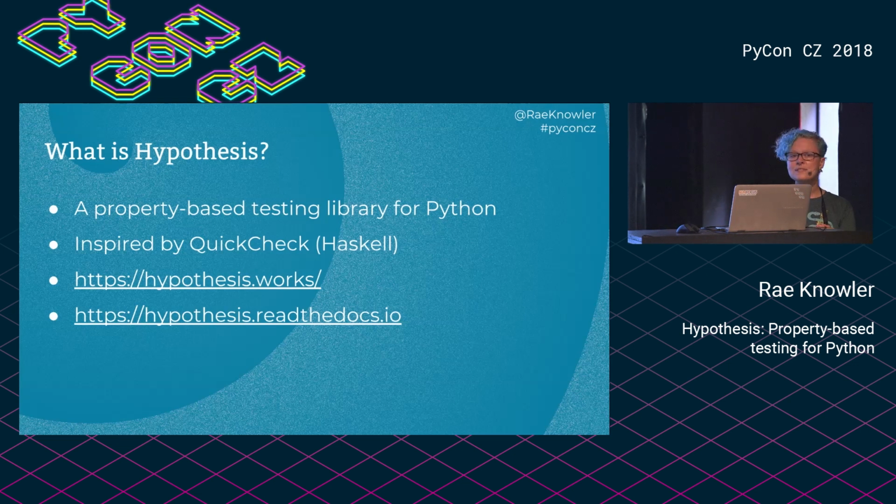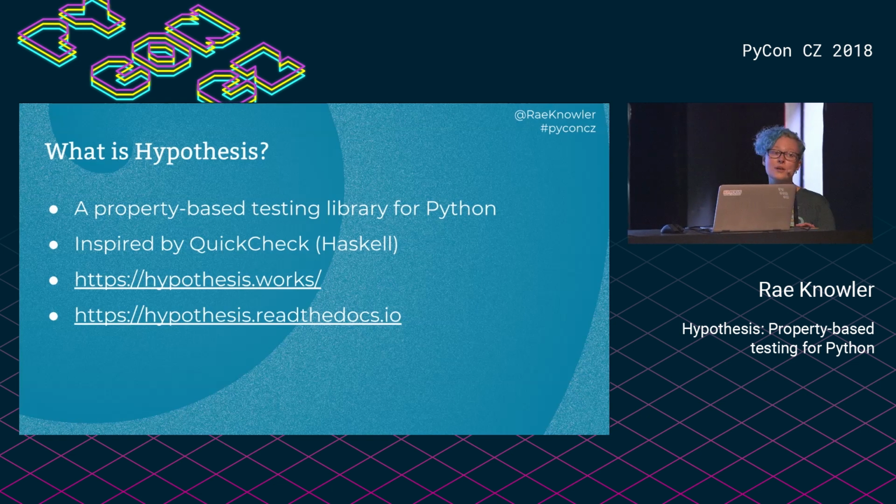It has a website, hypothesis.works, with lots of information, lots of articles. It's all really readable, and it has good documentation as well. So really, all I want to do with this talk is whet your appetite, get the basic concepts in your mind, and then if you want to use Hypothesis, I would really recommend just installing it and having a look at the articles and docs, because it's very clearly explained there.